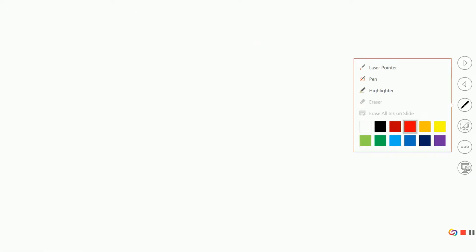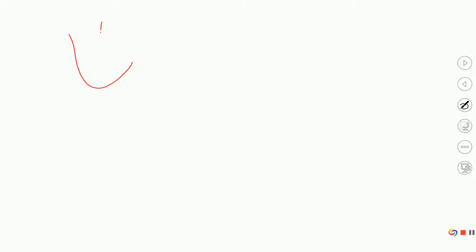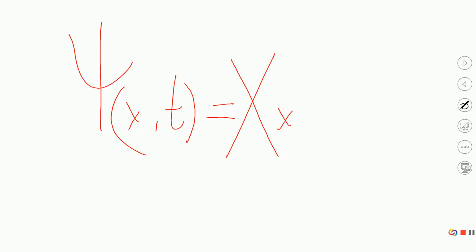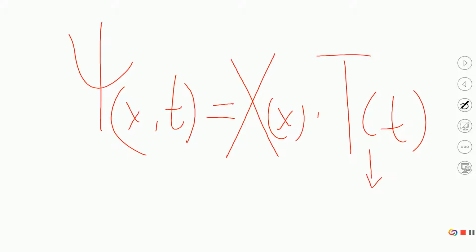So last time, we were saying that psi of x and t is, we used X of x times T of t, right? No complaints here. And then we agreed that instead of this capital T, we will use exponential of something multiplied by t. And then we should, well, it was my task to deliver it, but maybe I was a little quick.